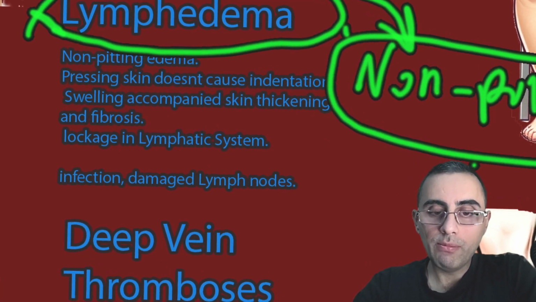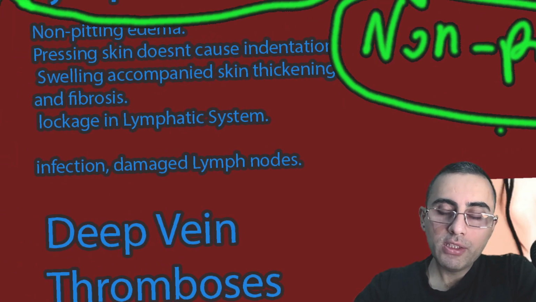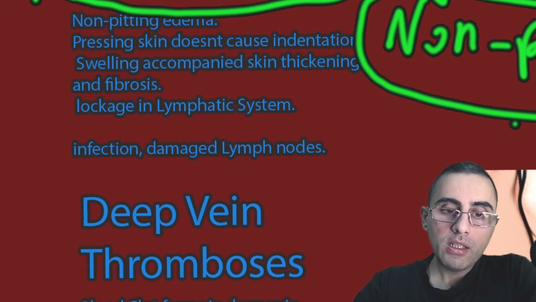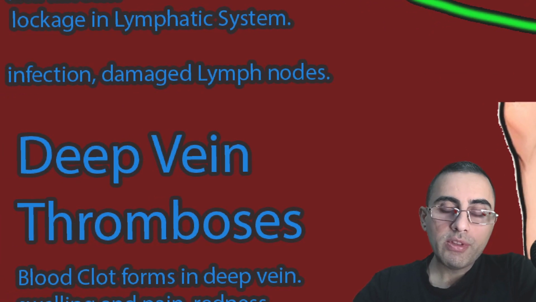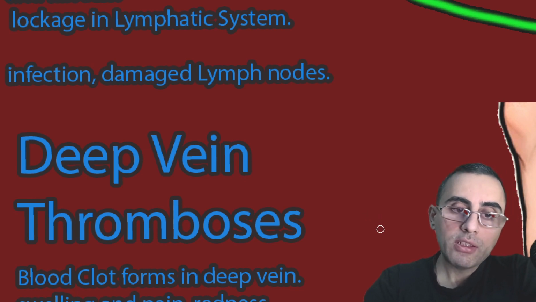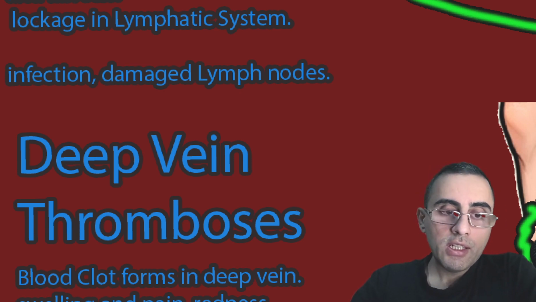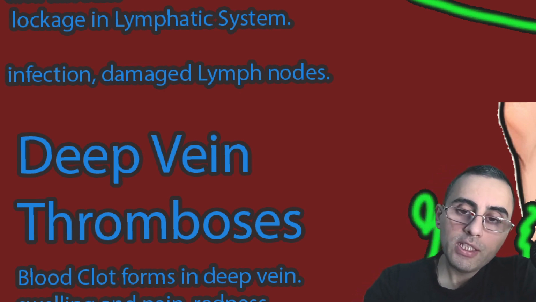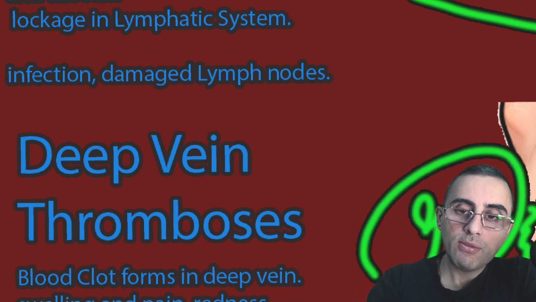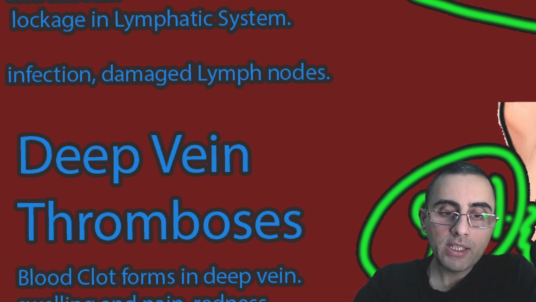And let's talk about deep vein thrombosis, which is usually unilateral also. It occurs when there is thrombus formation, a blood clot in the deep vein somewhere here, for example, and it causes disruption of venous return, and we have edema, redness of skin, pain, and swelling. It usually affects one leg; in 90% of cases, it affects one leg.